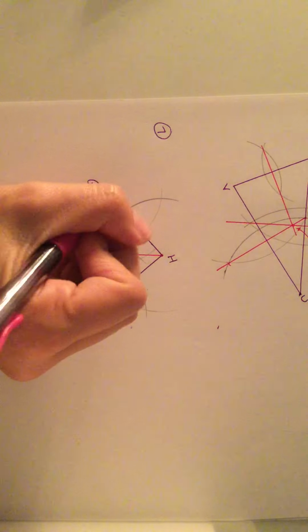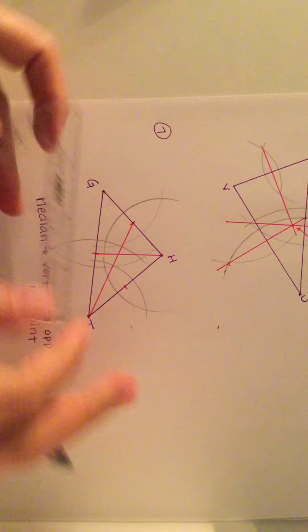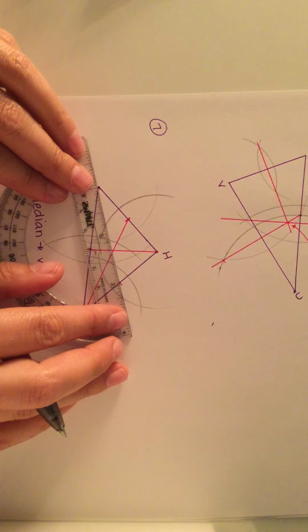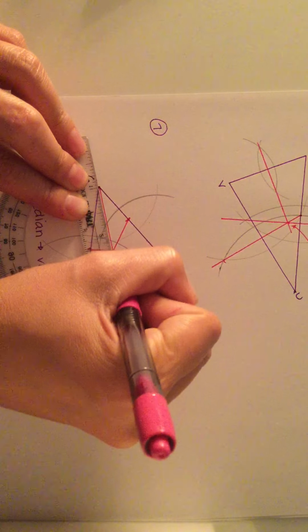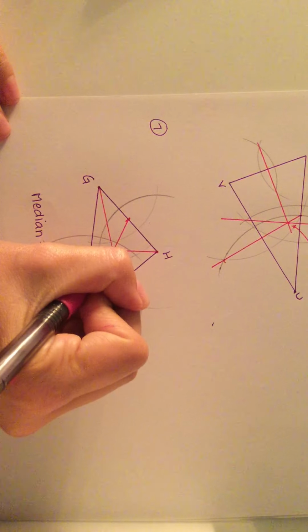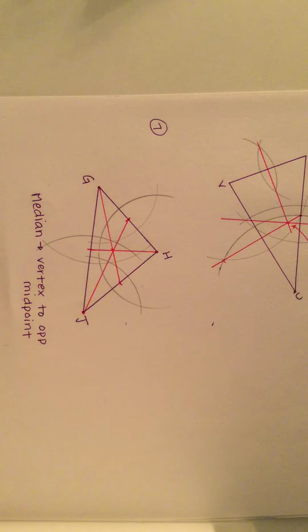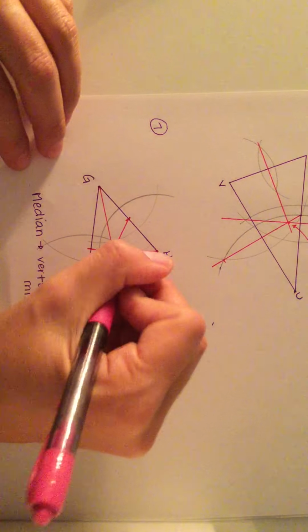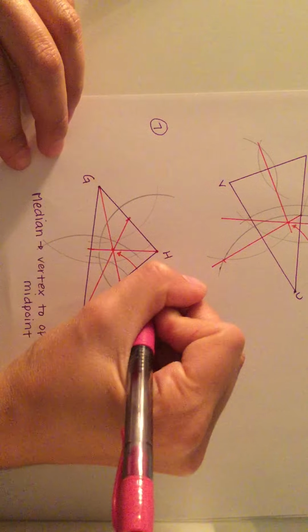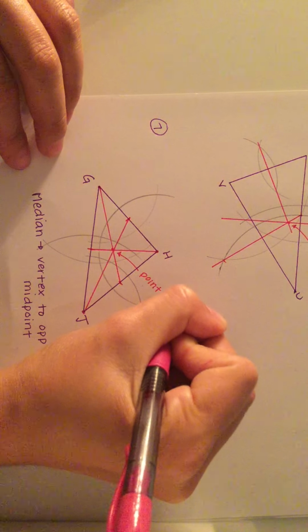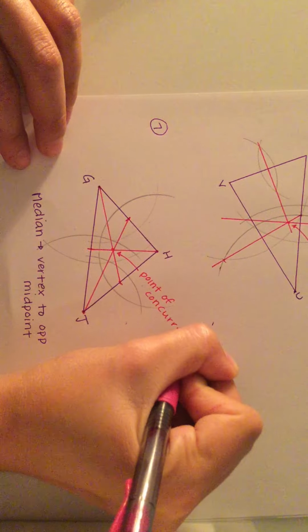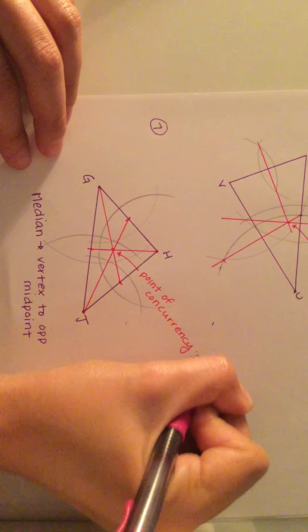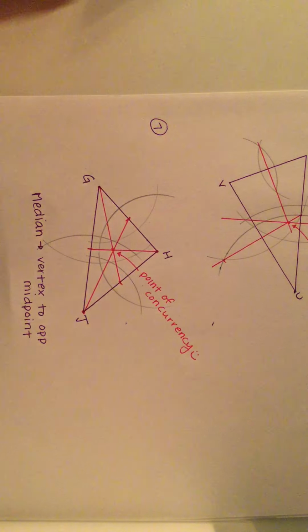And then for the median, I want to connect G to the midpoint. And again, we see that all three medians intersect at one point, which again we call the point of concurrency, which will be helpful when it comes time for your project.